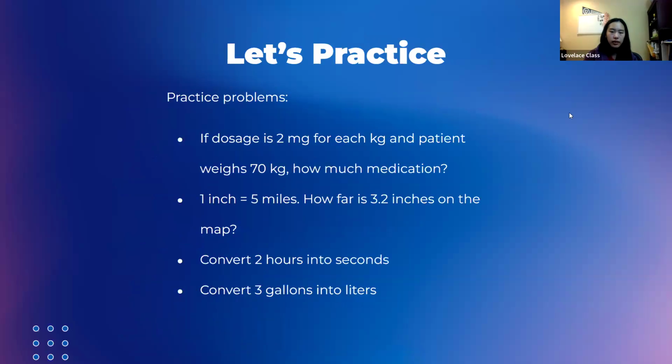Okay, so after all of that, these are just some practice problems and we'll go over them. I'll just read them out loud. The first one: let's say someone's taking medicine. If the dosage of a medicine is 2 milligrams for each kilogram in the patient, and a patient weighs 70 kilograms, how much medication would they take?